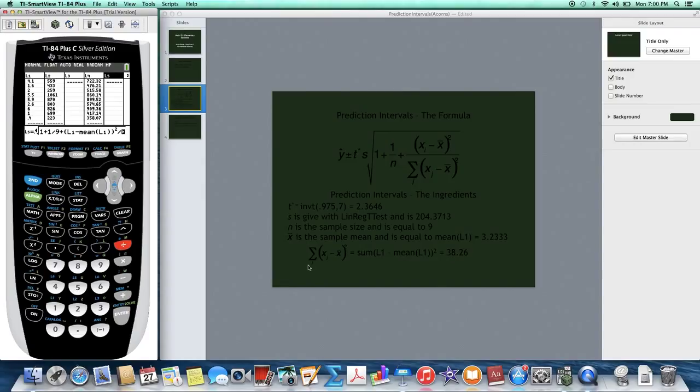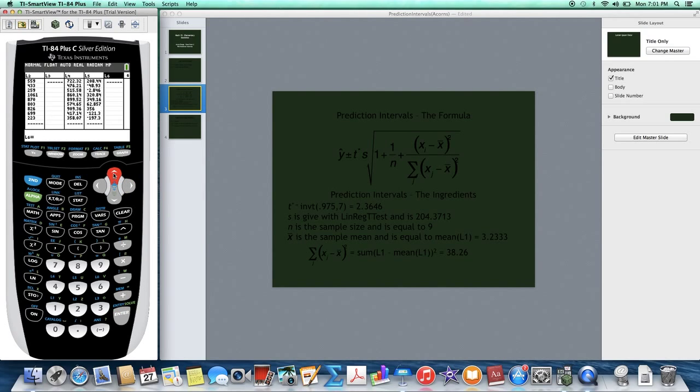That's the sum of all the x's minus x bar squared. So I'll type in 38.26. Arrow to the right to get out from under that square root, and then press enter. So what I've just calculated are all the lower limits for all 9 prediction intervals.